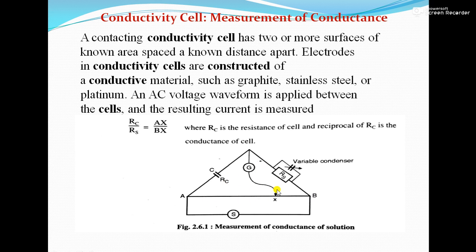We are going to move this pointer till the galvanometer shows null deflection. When it shows null deflection, we note that value. So if suppose AB is 10 and AX is 6, we will get BX as 4. So we are going to calculate the resistance of that cell. That is one more method.